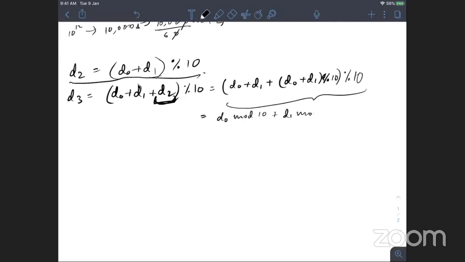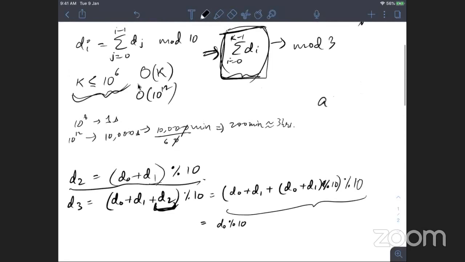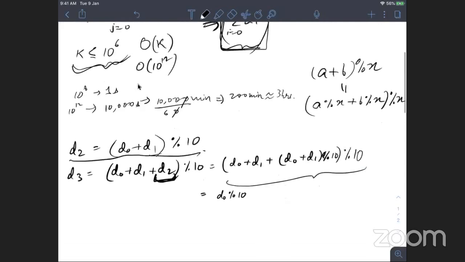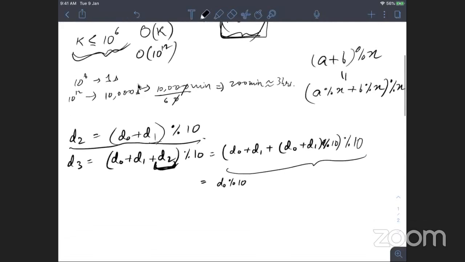If you have something like a plus b mod x, you can write it as a mod x plus b mod x, whole mod x. These are just properties of modular arithmetic. I'm not explicitly covering them, but this is equivalent. So you can write this as D0 mod 10 plus D1 mod 10.